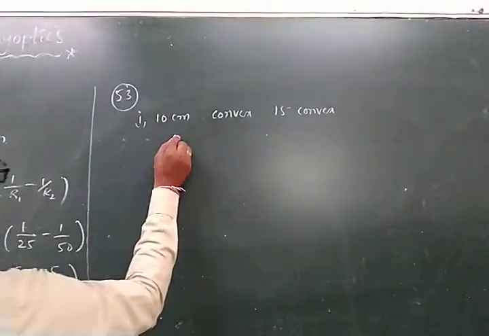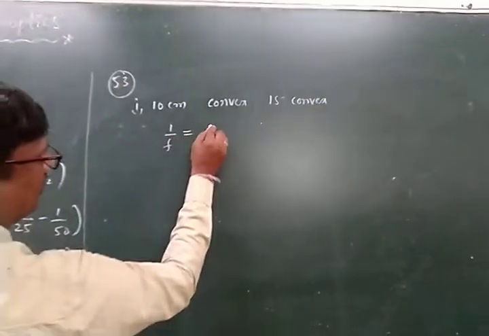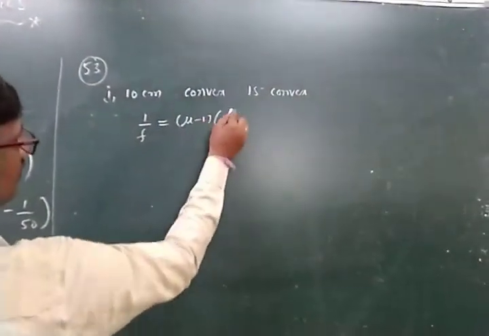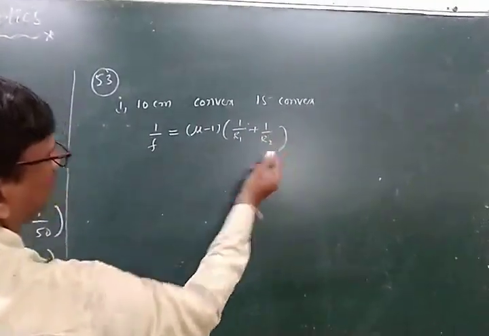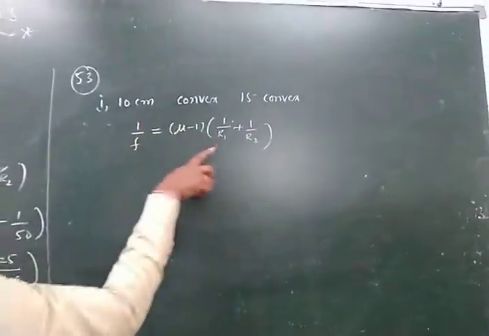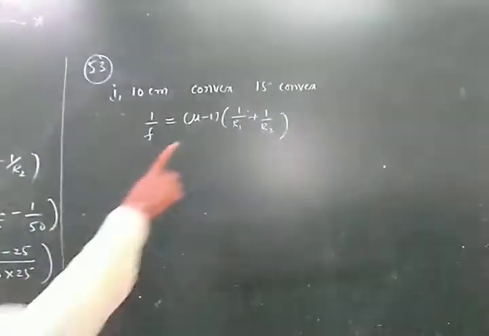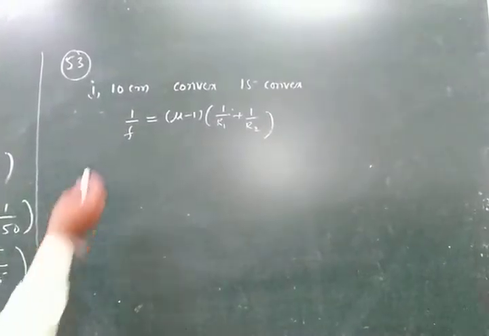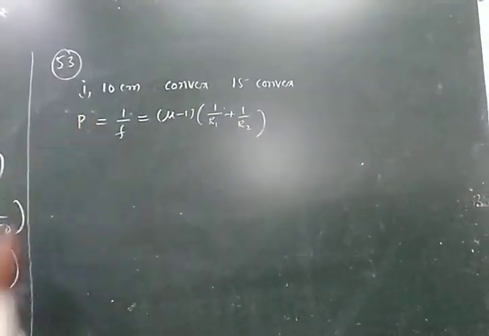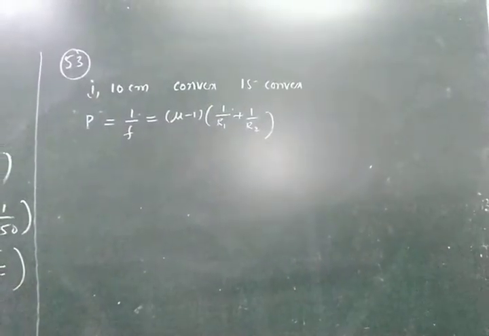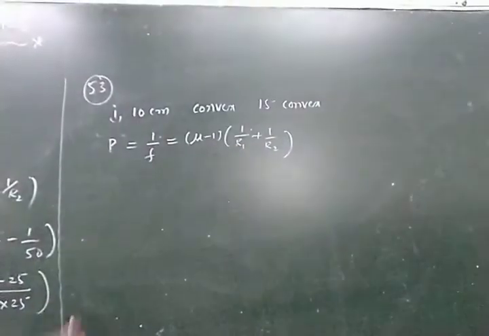Here 1 by f is equal to (nu minus 1) into (1 by r1 plus 1 by r2), when both surfaces are convex. The reciprocal of focal length is called the power of the lens. Using this formula we find the power value.